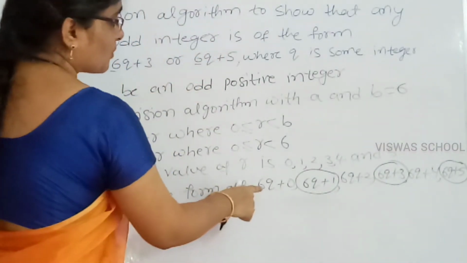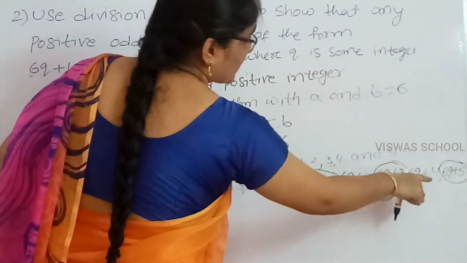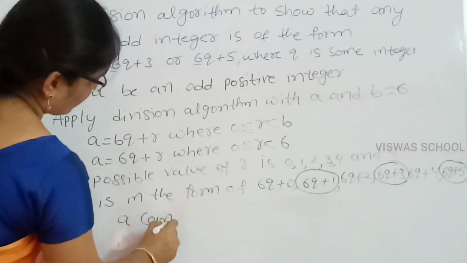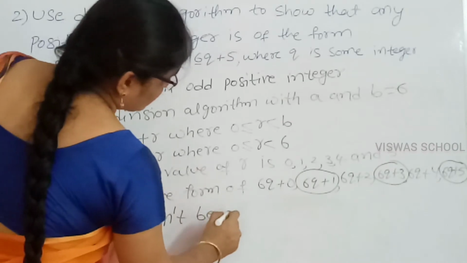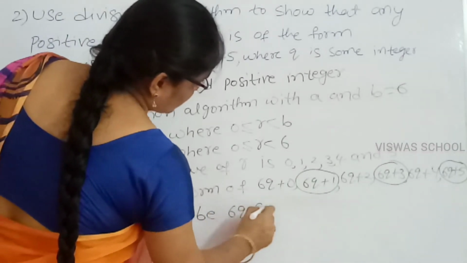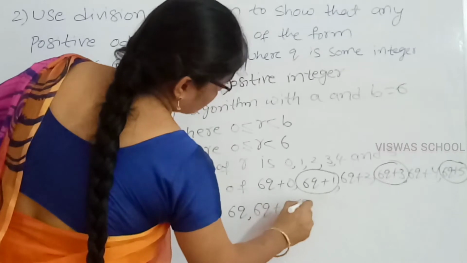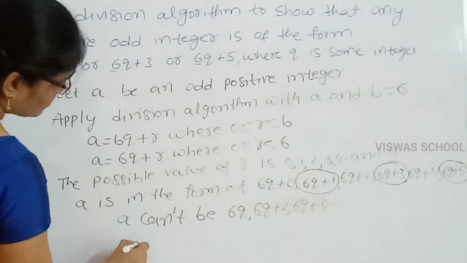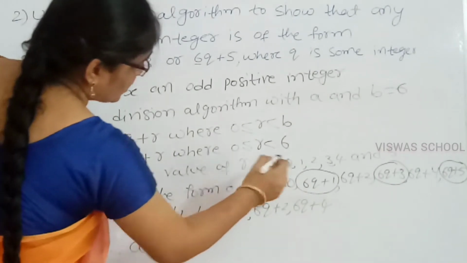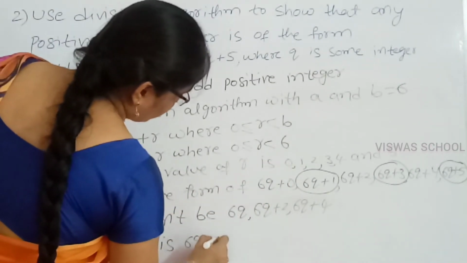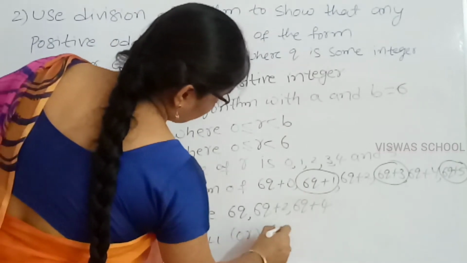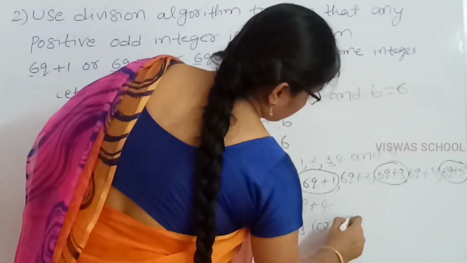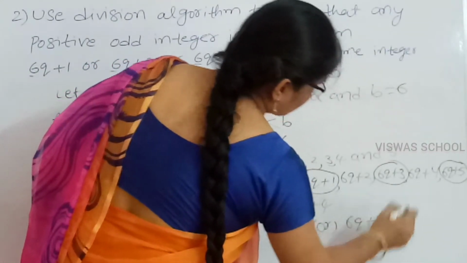That is a can't be 6q, 6q plus 2 and 6q plus 4. That's why a is in the form of 6q plus 1 or 6q plus 3 or 6q plus 5.